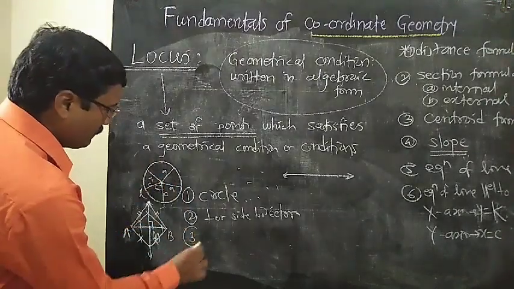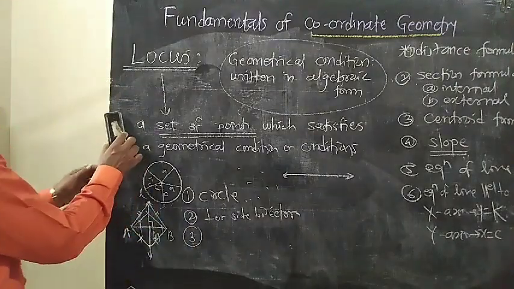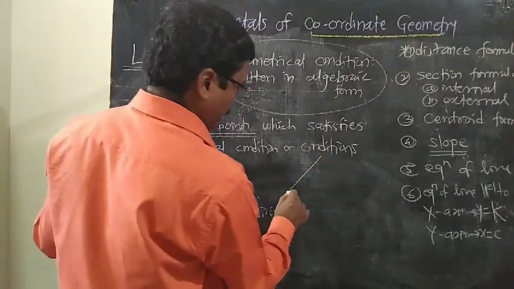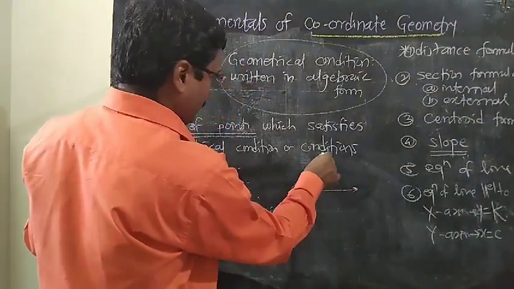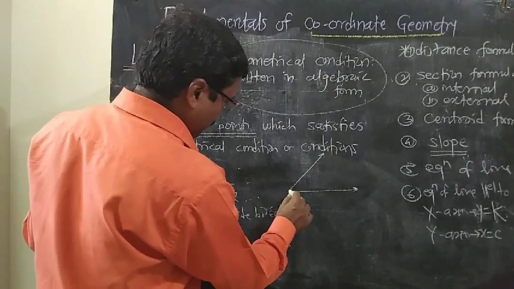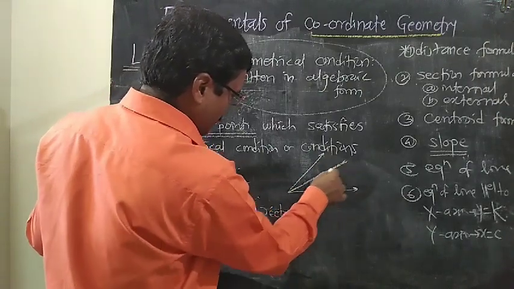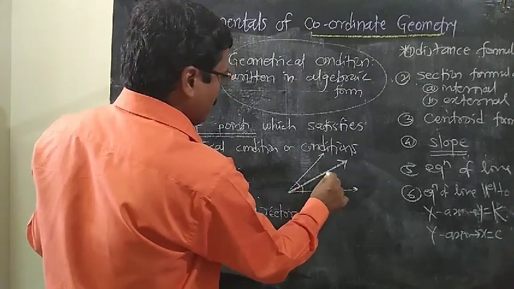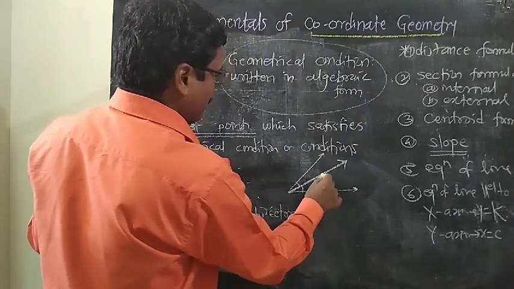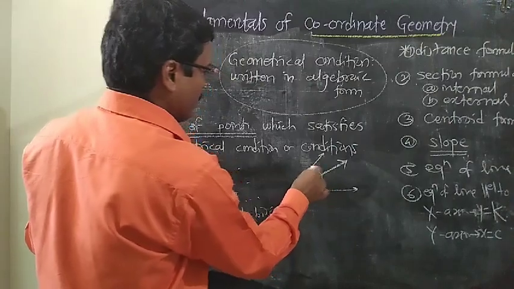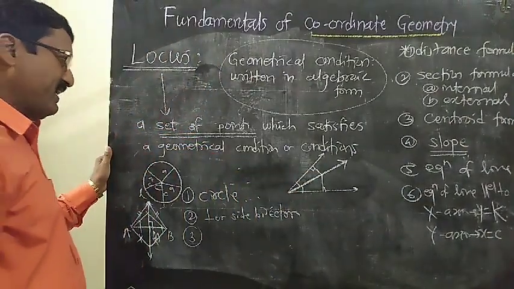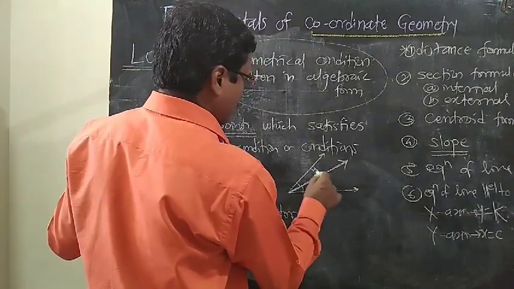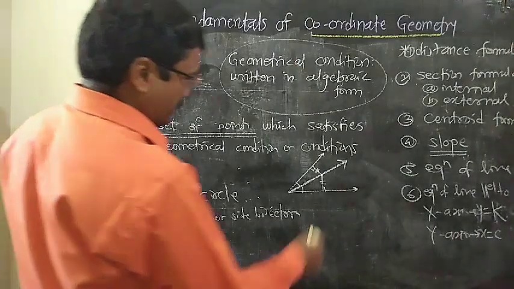Let us see a third example. If you take an angle and draw its angle bisector, then if you draw the distance of a point from the sides of that angle, every point of the angle bisector is equidistant from its sides.